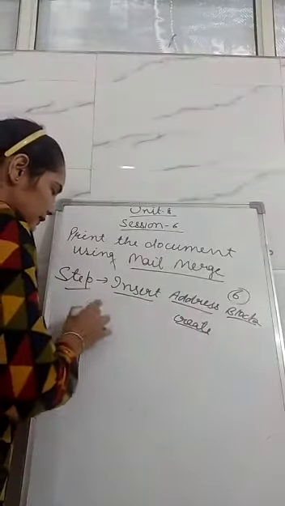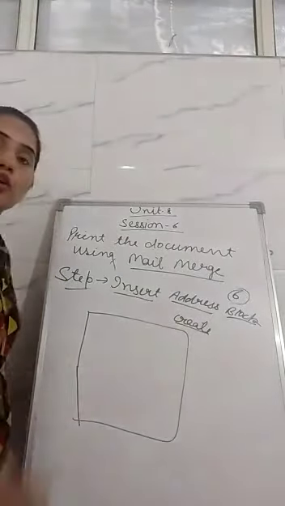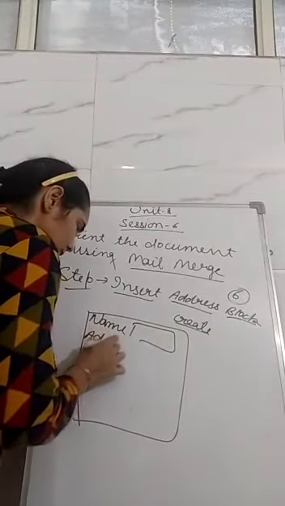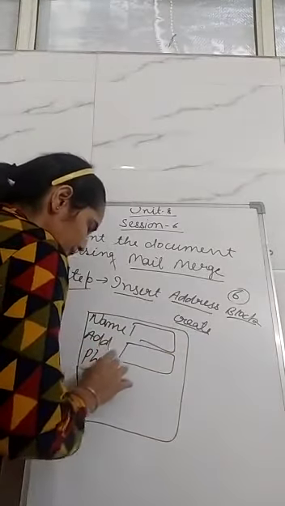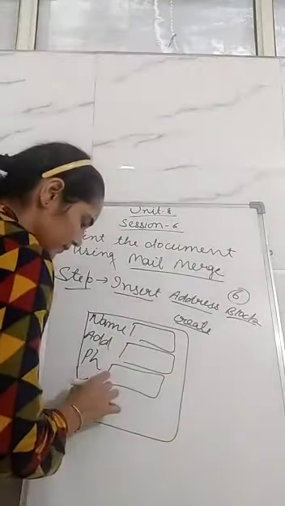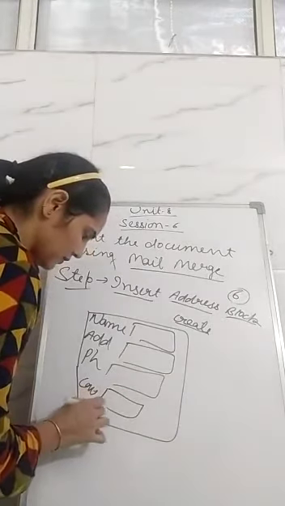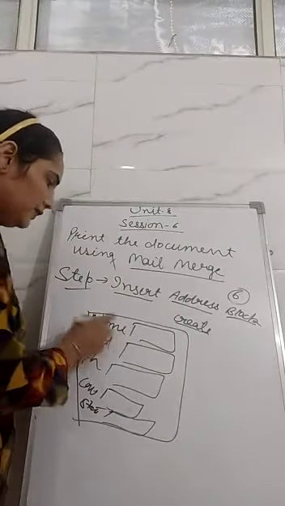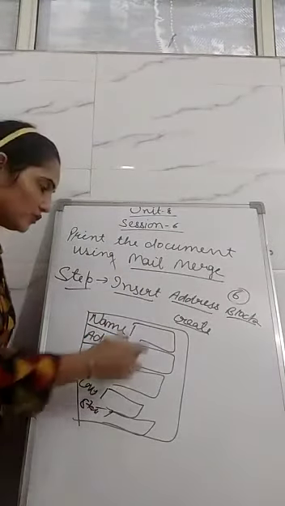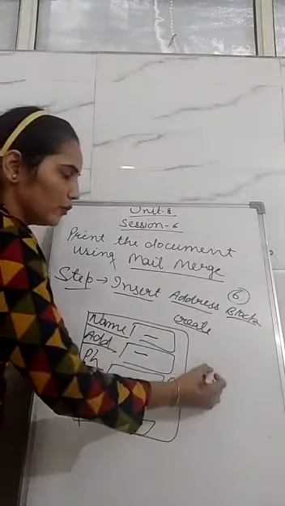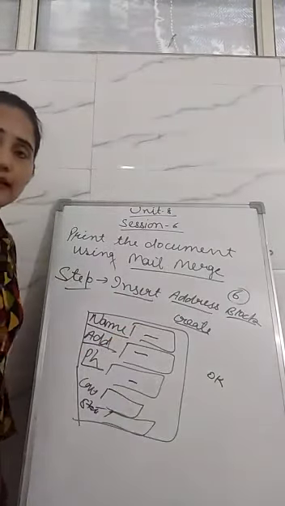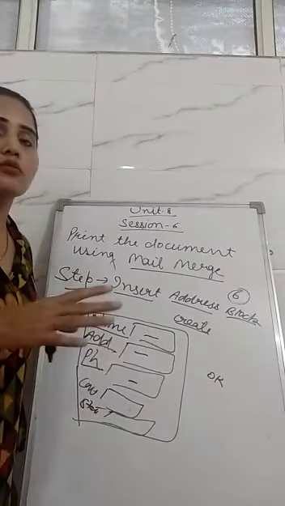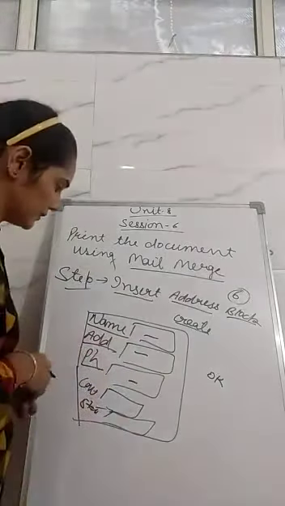When you click on create, a new dialog box will appear that has different fields like name, address, phone number, country, state. If you need only name, address and phone number, just fill text here and then click on OK. Clear? It's up to you how many fields you want if you want to send a letter to different recipients.